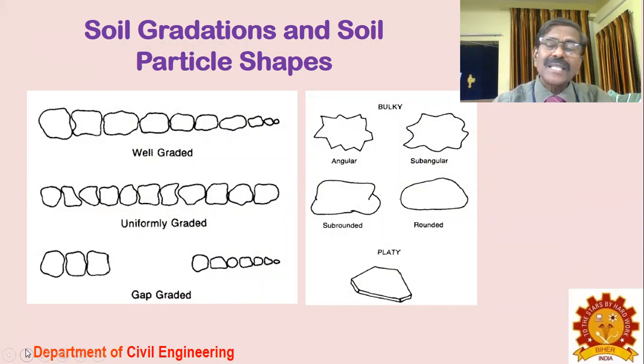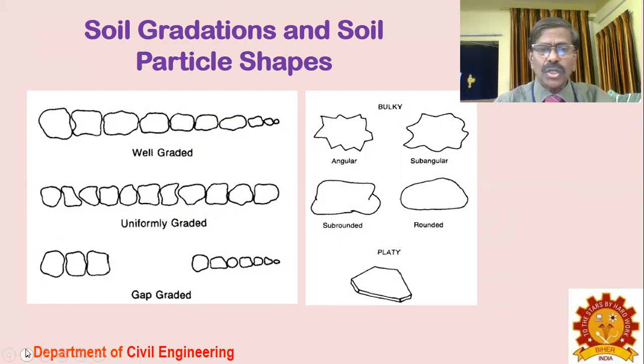Gap graded means there may be some larger sizes of particle and some very small sizes, but the in-between sizes are missing. Then they are called gap graded. Not only that, soil can be bulky, angular, subangular, sub-rounded, rounded, and platy. They are all the textures of the soil which are mixed along with the well-graded, uniformly graded, and gap-graded soils.